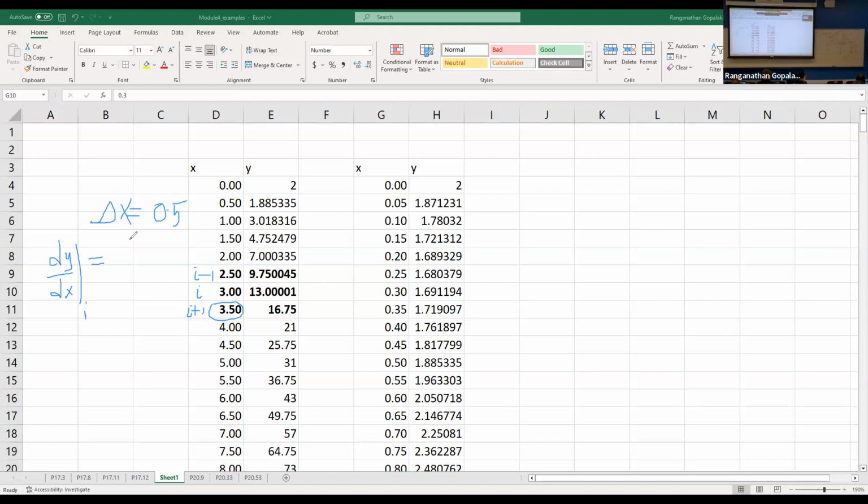Again, none of this is new. We did all this. I'm just trying to reinforce. Now, keep remembering your goal, which is to get dy by dx at the point i. What will you do to get that? I will pose the question to you.